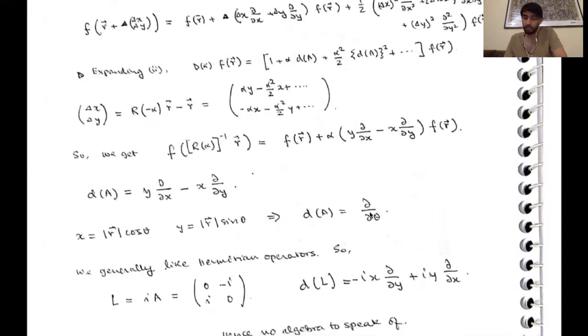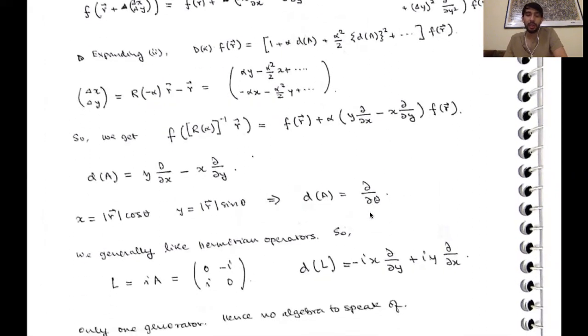Also, if you were to work in x equal to r cos theta and y equal to r sin theta, it's very simple to see that dA is going to be given by just del theta. Remember that we like Hermitian operators at the end of the day.